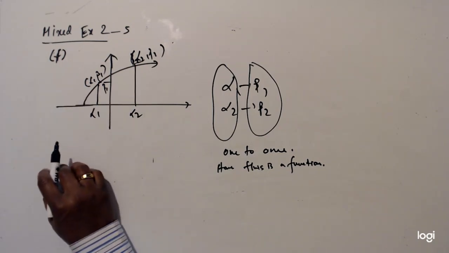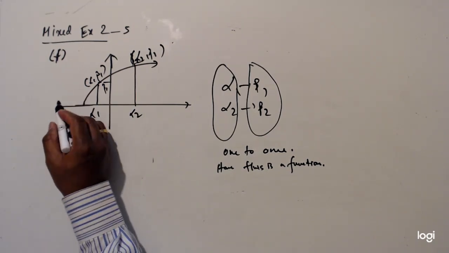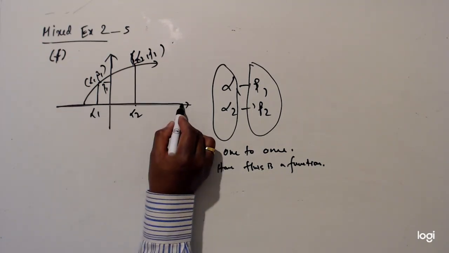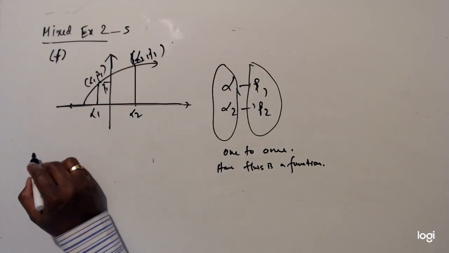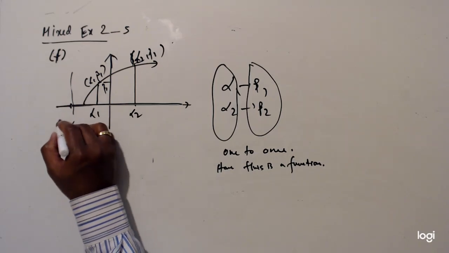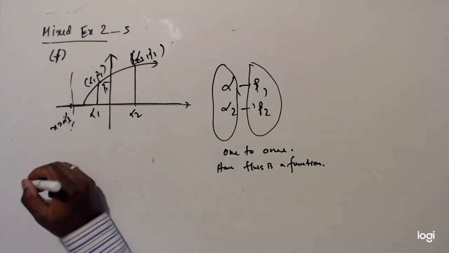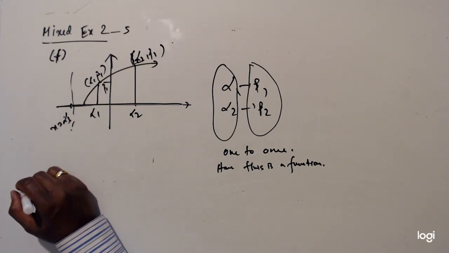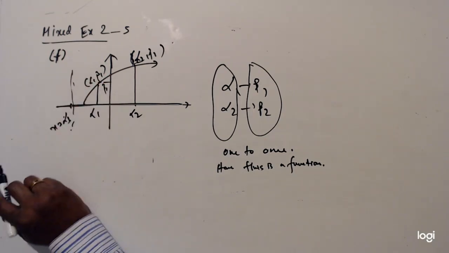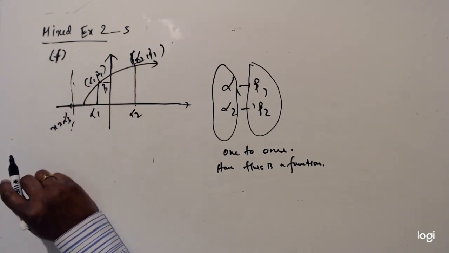This is in general. Sometimes someone may say that, okay, if they consider domain from here to here, then there is no value for x equal alpha 3. There is no value. In that case, this is not a function because there is no y value. The graph does not exist there basically.